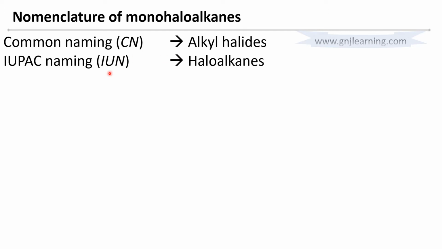So let's see the first compound. We have CH3CH2CH2Br. Which is the alkyl part? I will draw it. This is the alkyl part, and Br serves as the halo group. Now for naming, I should number the carbon atoms of the longest chain.